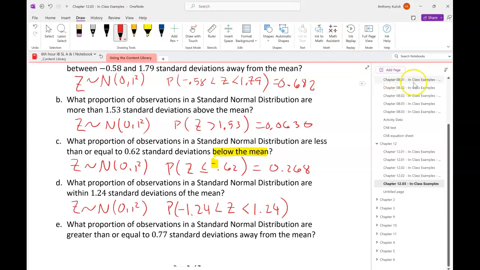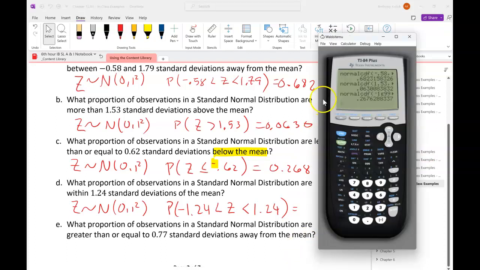And I think if you did that with a greater than or equal to or just regular equal to, I don't think they would have cared. So again, second, vars, normal CDF, negative 1.24, positive 1.24, still 0, 1 because they're still standard normal. So it's 0.785.